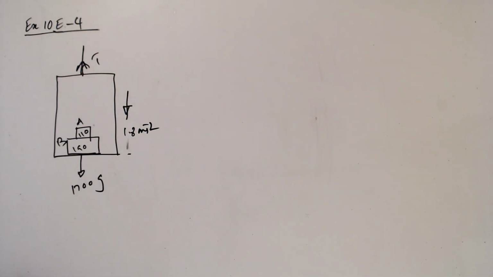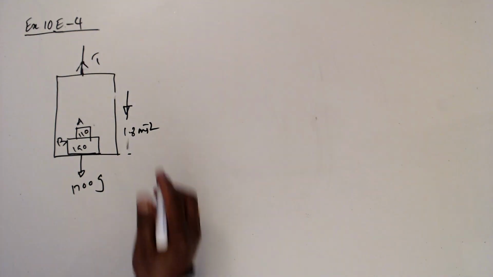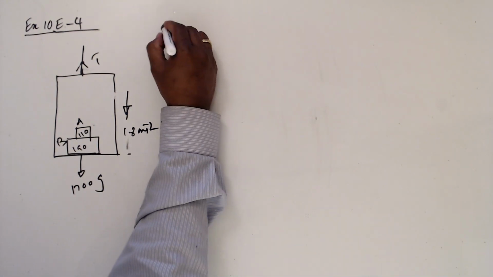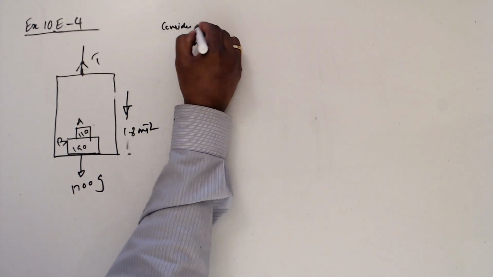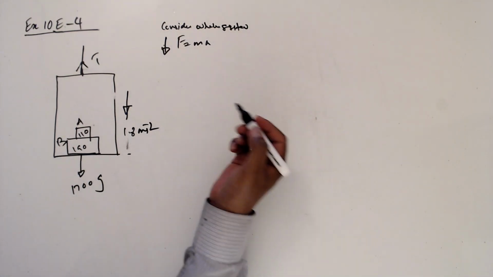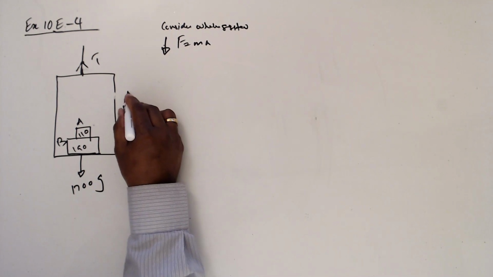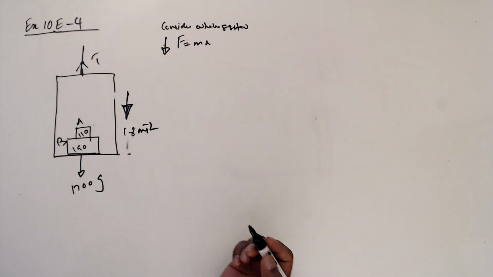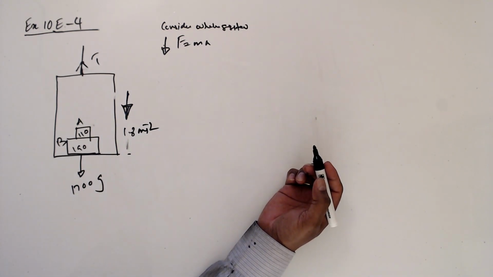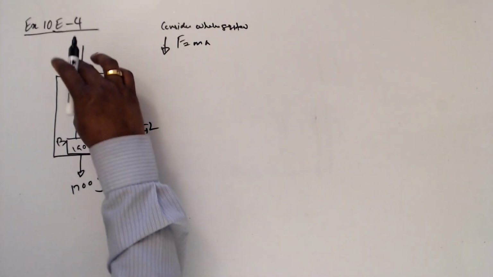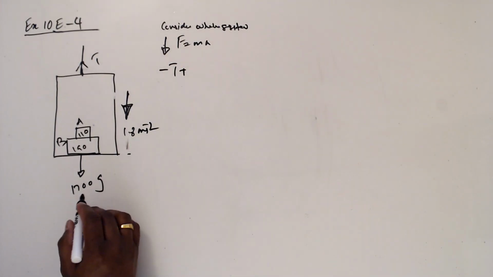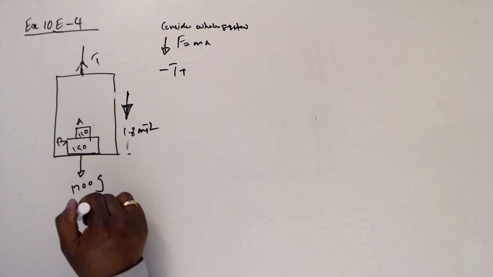We will consider the whole system and put F equals ma downward, taking downward as positive. What are the forces? There are two forces: the tension, which is minus T, and the weight.